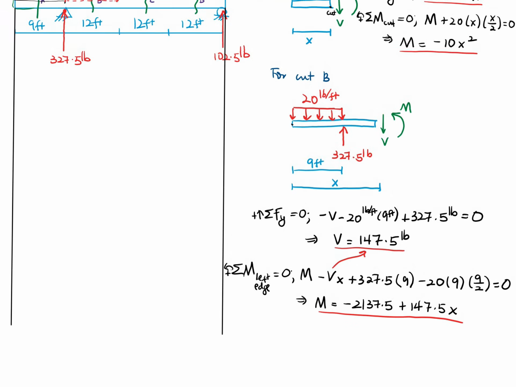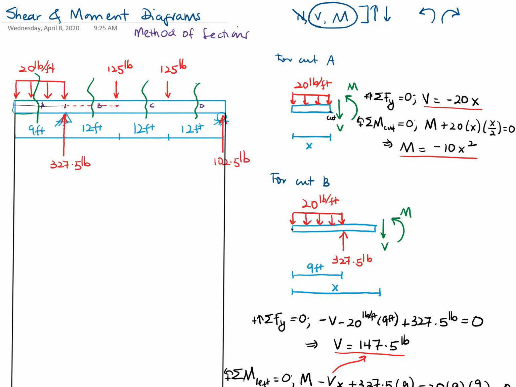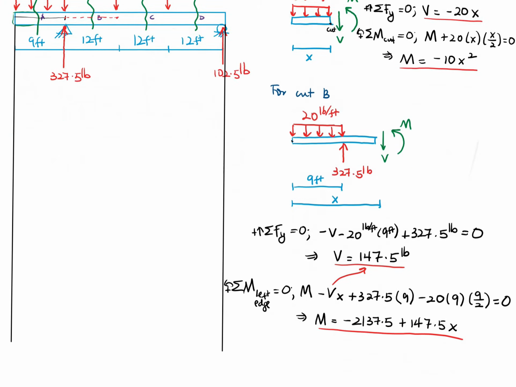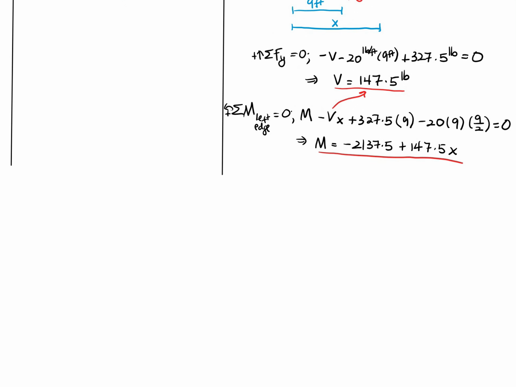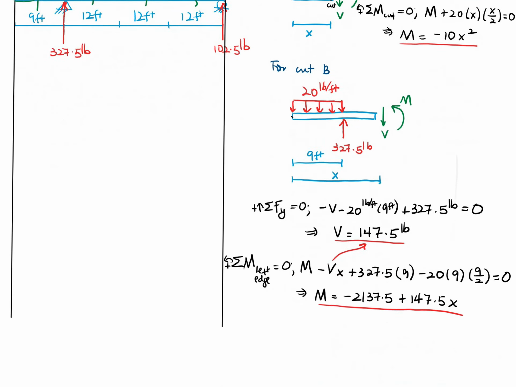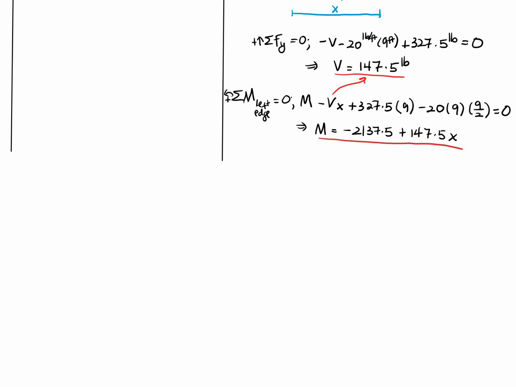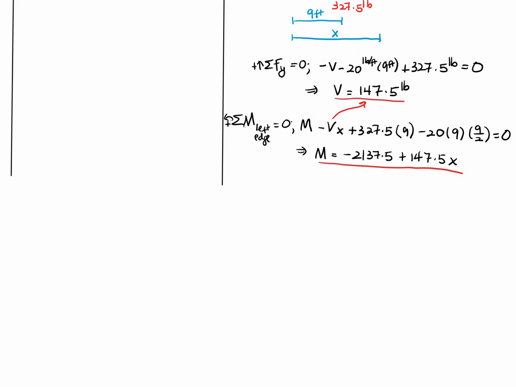Now going back up here, we're going to make a cut between the next 12, so between the first 125 and the second 125. And we're going to pick the left-hand side. As I mentioned earlier, it really doesn't matter which side you pick; just for consistency, we're going to go with that. Now for the last cut, we actually go over the right-hand side, and I'll explain why I did that. For cut C, this is my drawing.